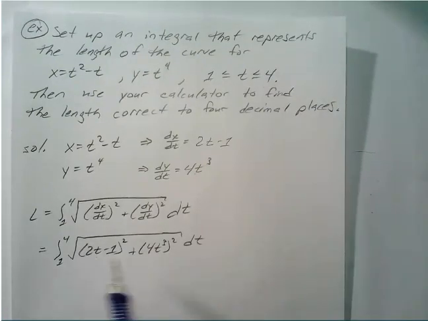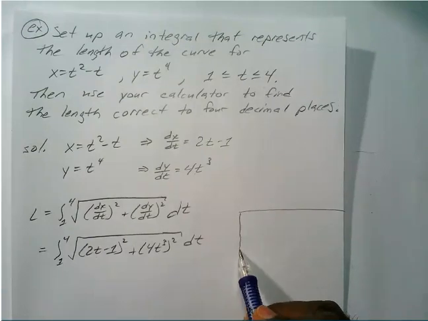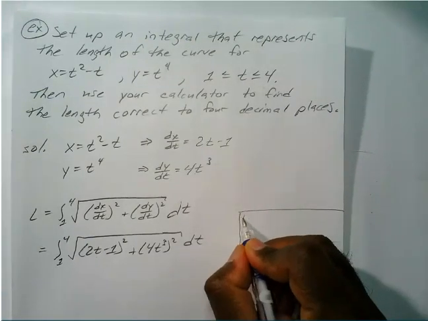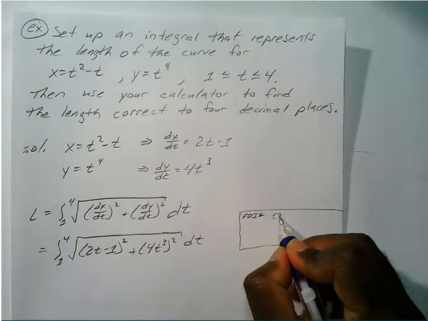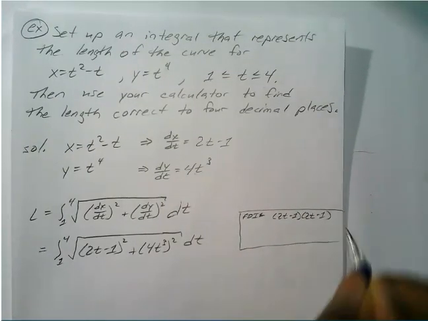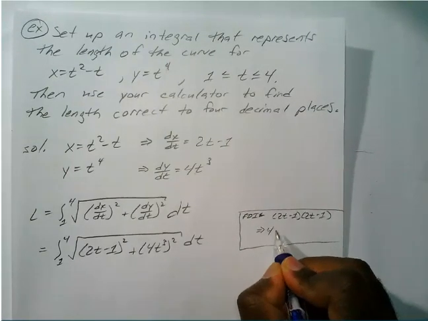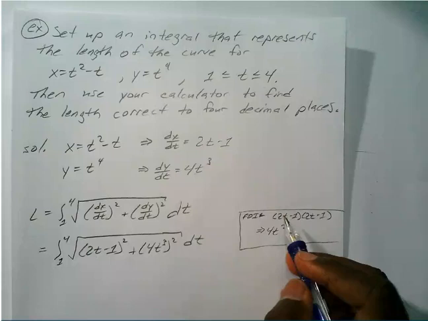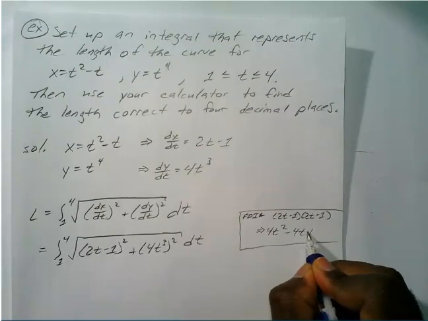Okay, so if we go ahead and FOIL (2t minus 1) times (2t minus 1), we'll get 4t squared minus 2t minus 2t, which is minus 4t, plus 1.